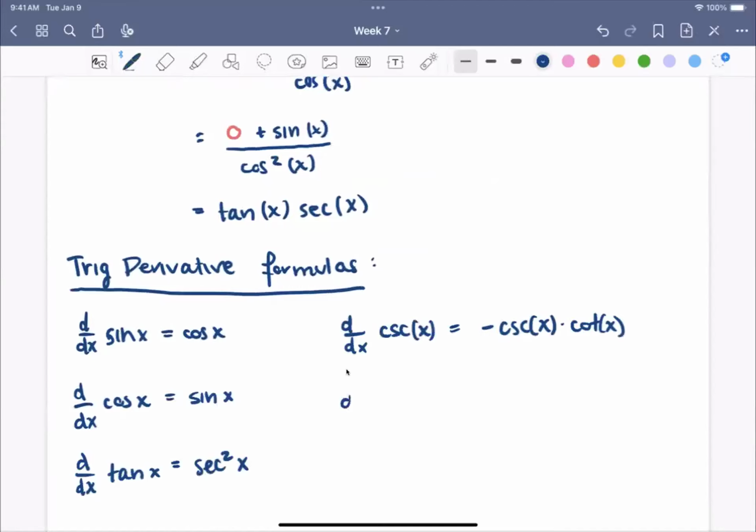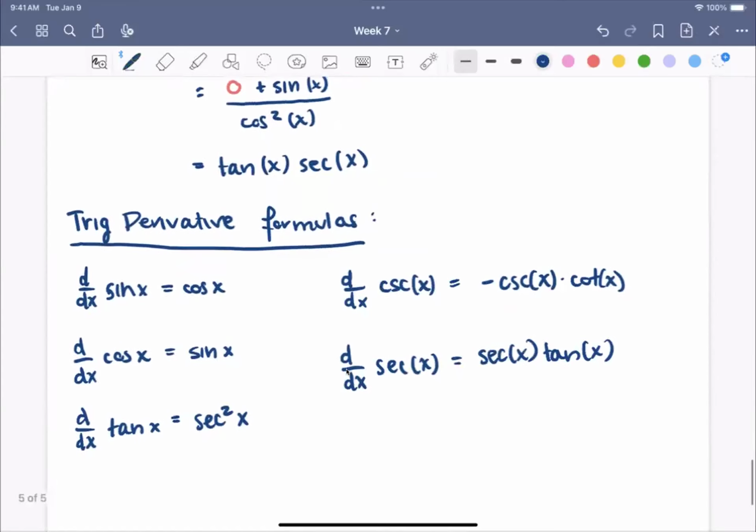And then d by dx of secant x, we just calculated, this was secant tangent. And then lastly, we have cotangent, which you could also calculate using the quotient rule. And this is minus cosecant squared x.